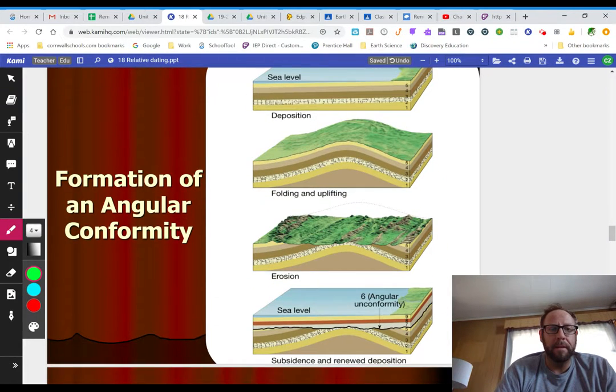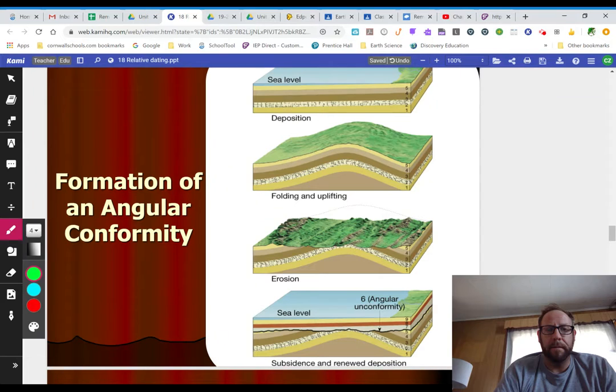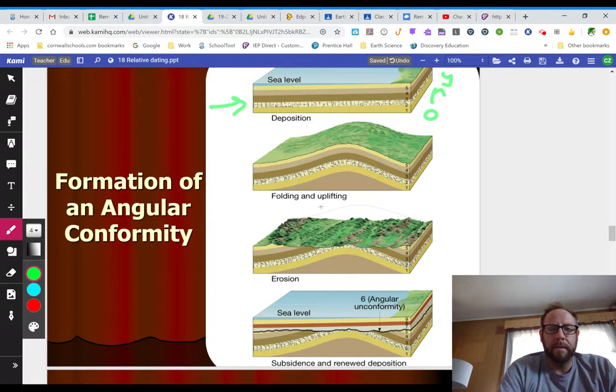So here's a little example of the angular unconformity. So we have originally nice horizontal rock layers. All right, old to young. Okay, during uplift, there it is. During uplift, there was a folding event. Okay, now that it's exposed to the environment, the atmosphere, there is erosion and weathering.